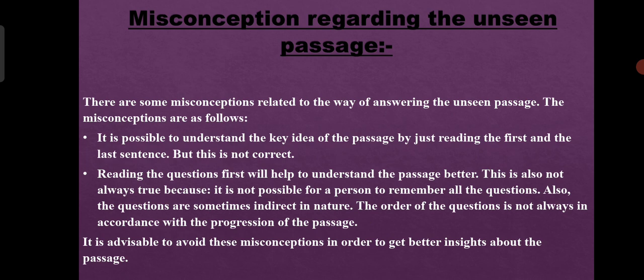This is also not always true because it is not possible for a person to remember all the questions. Also, the questions are sometimes indirect in nature. The order of the questions is not always in accordance with the progression of the passage. It is advisable to avoid these misconceptions in order to get better insights about the passage.